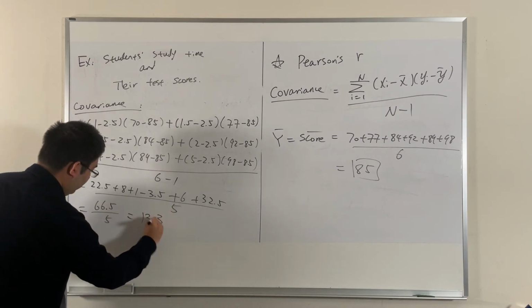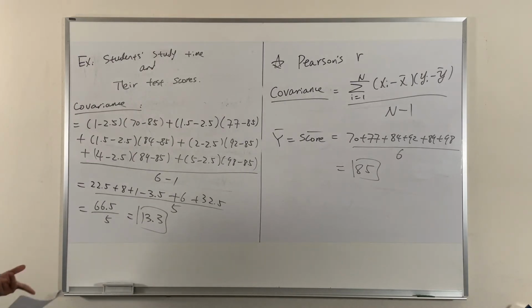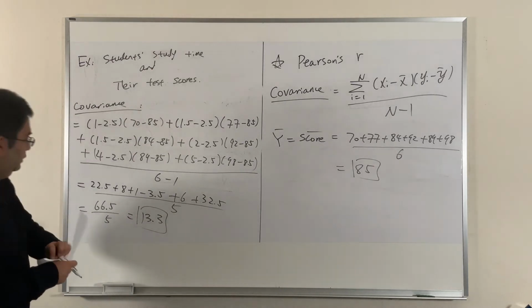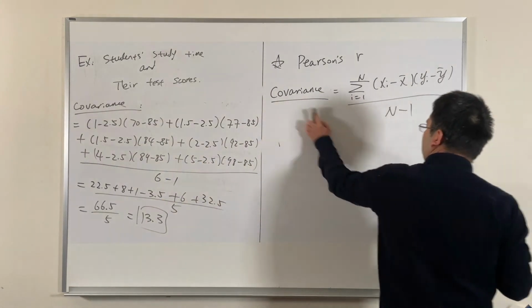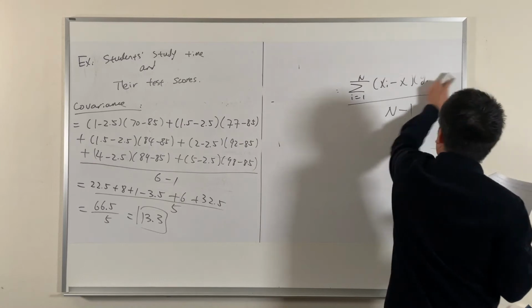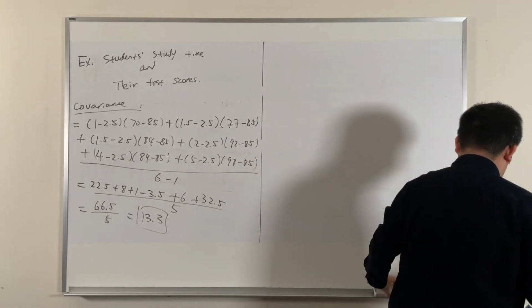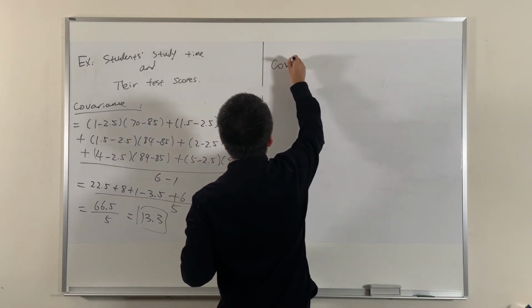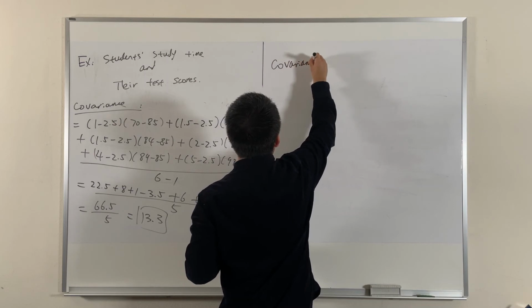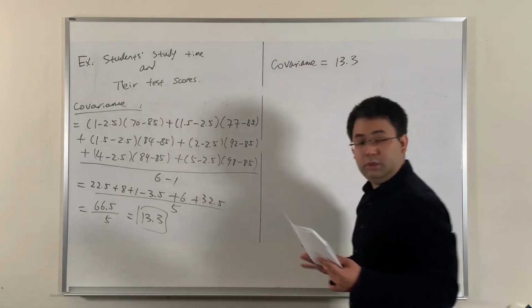That's 13.3. Okay, so this is the value for covariance. We continue from this side. Okay. So we got the covariance close to 13.3. Okay, so this is good.